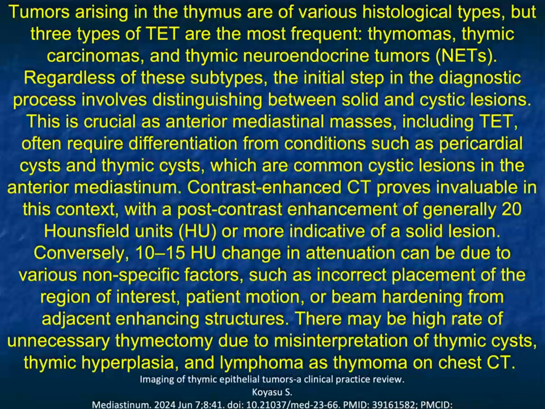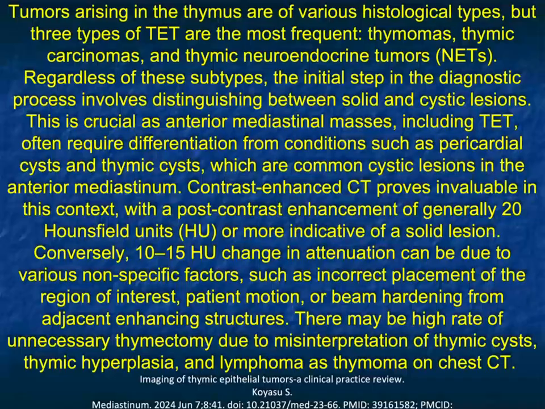We talk about thymic carcinomas and thymic neuroendocrine tumors. They're large masses, often solid, and most of the time it's really hard, maybe I should say impossible, distinguishing between that and a thymoma. There's a lot of different comments about this.